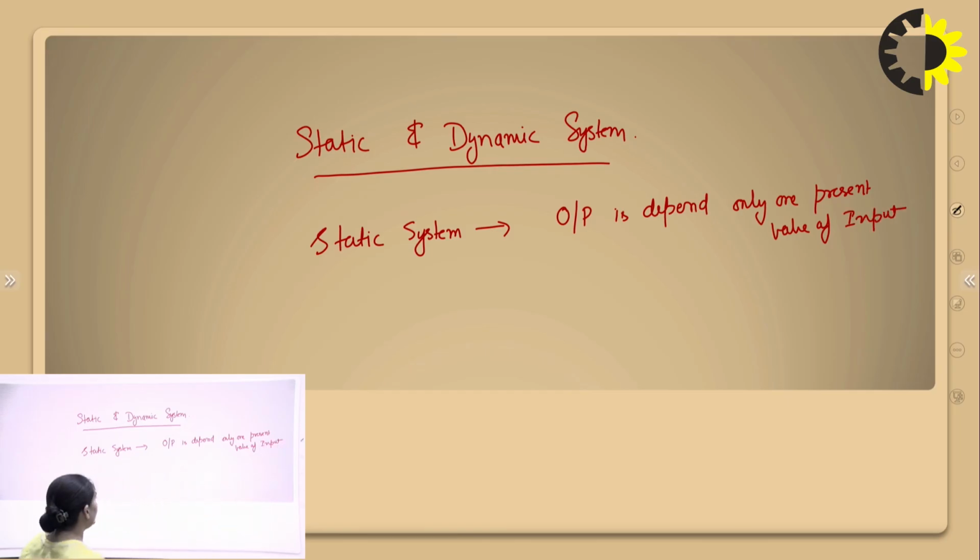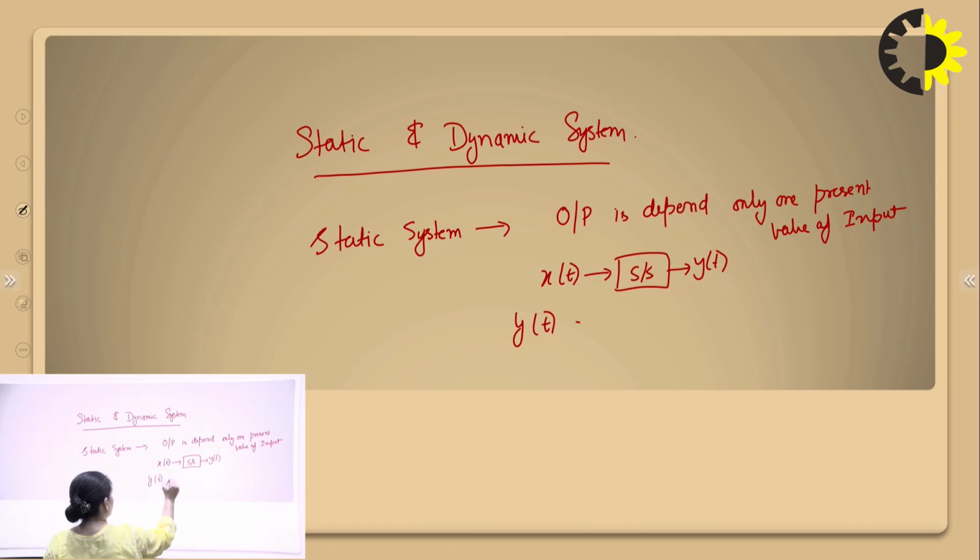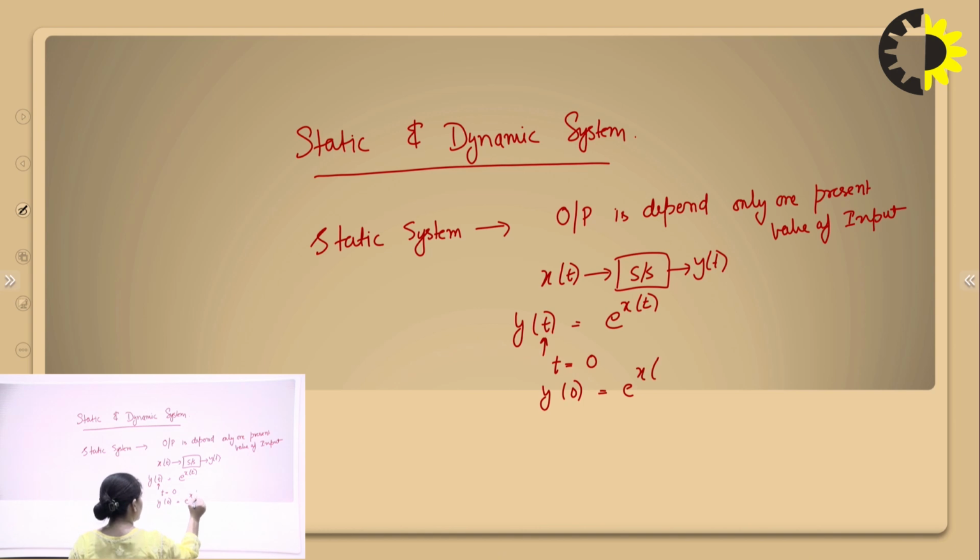For example, suppose x of t is the input to a system and y of t is the output, and y of t is equal to e to the power x of t. So at t equals 0, that is y of 0 equal to e to the power x of 0.